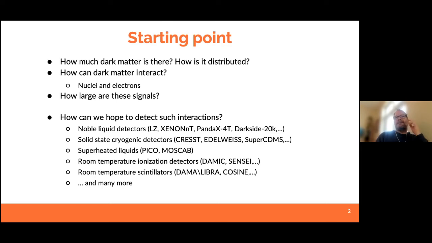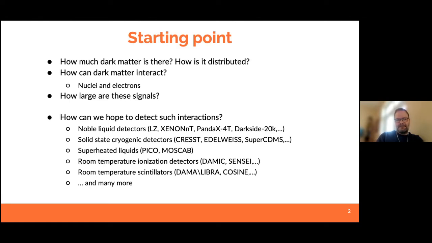So the starting point is, well, how much dark matter is there? How is it distributed? And then how can dark matter interact? And I guess the general answer to that question is, well, it can interact either with nuclei or with electrons.